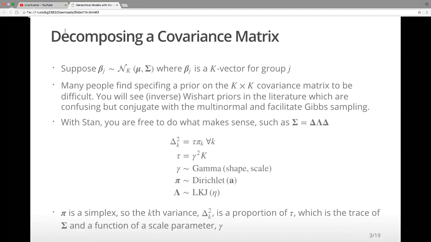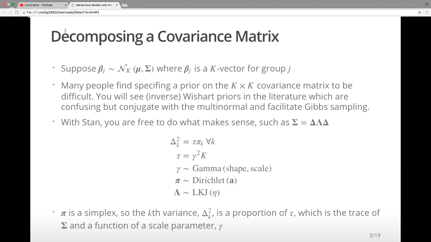And that multivariate normal prior is going to have a global mean vector mu and a variance covariance matrix sigma that describes how these k-vectors that are specific to each group vary around the overall mu across all groups in a multivariate normal fashion.